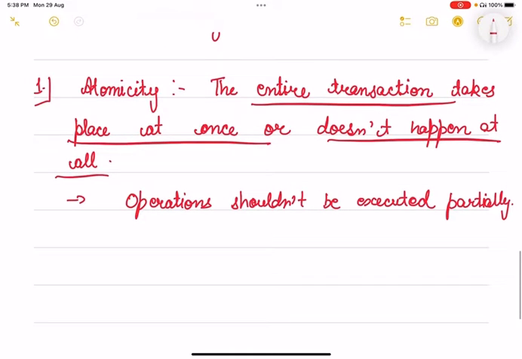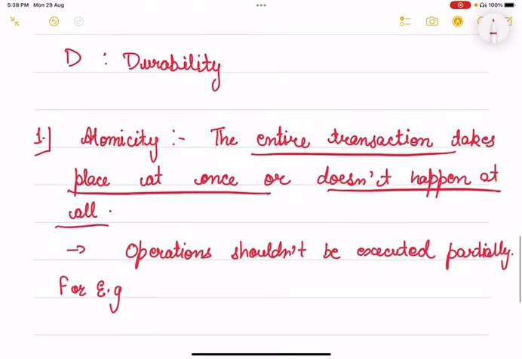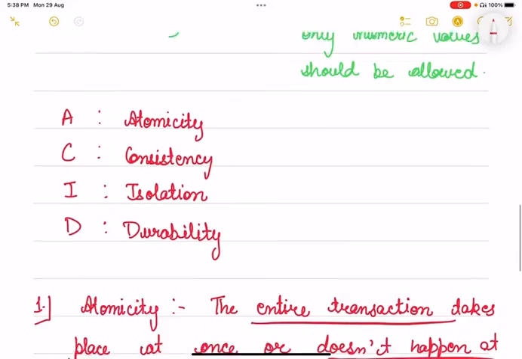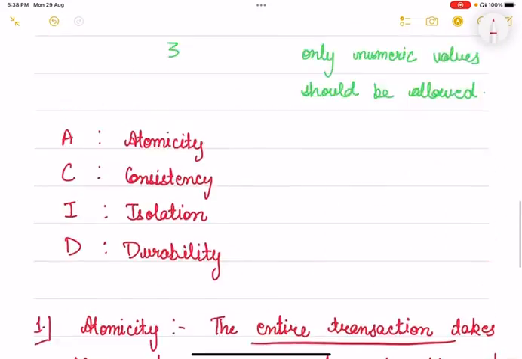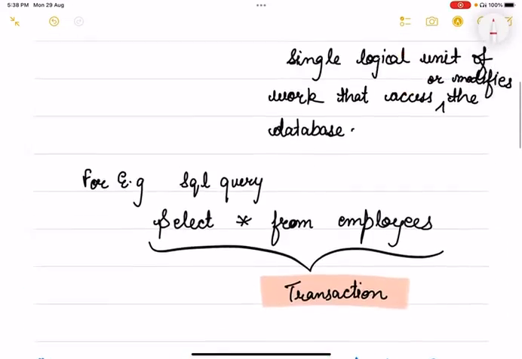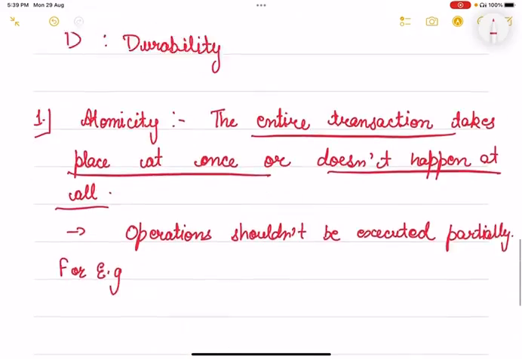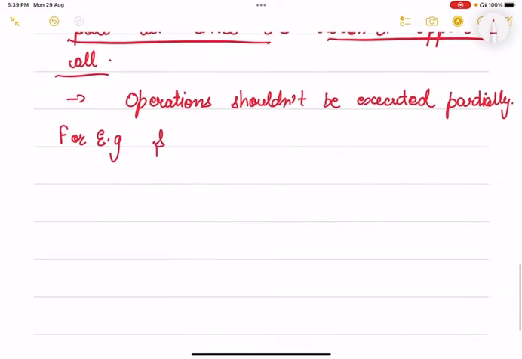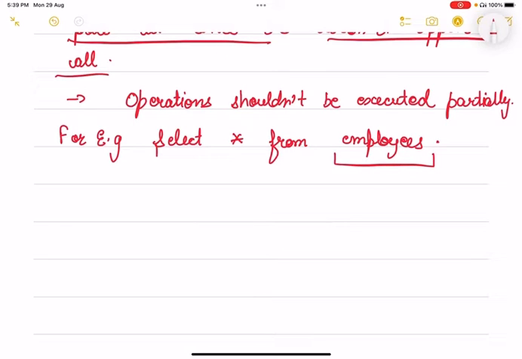Alright, for example, let's take this query as an example. Again I'm writing the query select star from employees, and suppose employees is a table in which there are three columns.